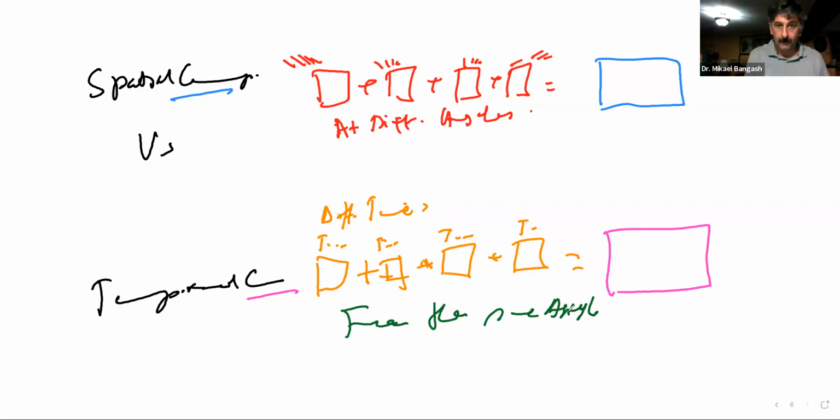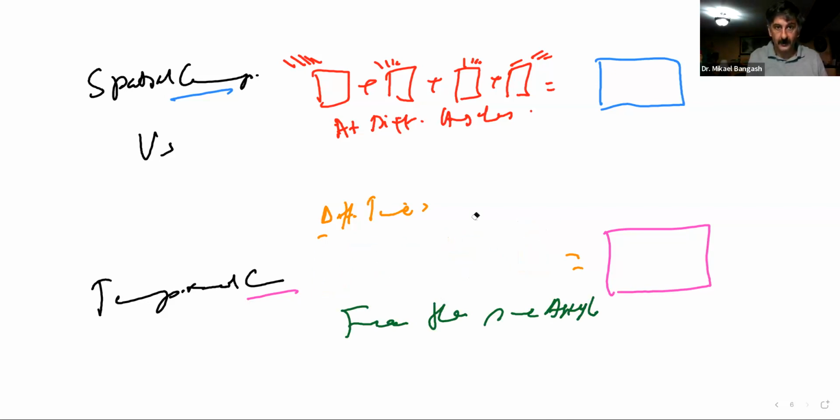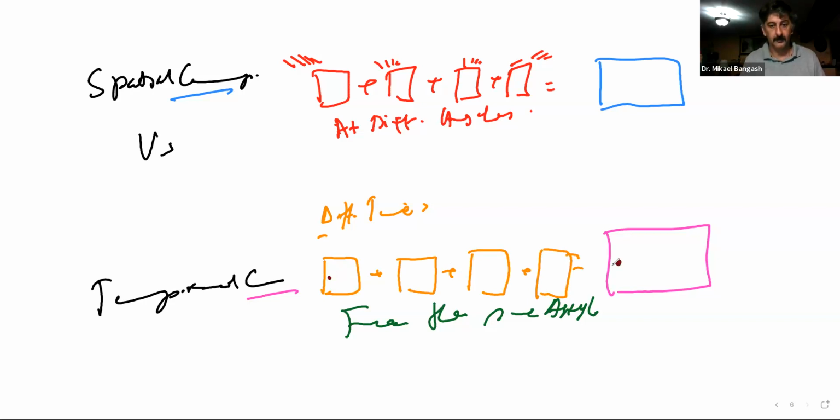Because what we did in temporal compounding was we wanted to follow the movement or motion of a structure across our frame. In the first frame, the structure was here.